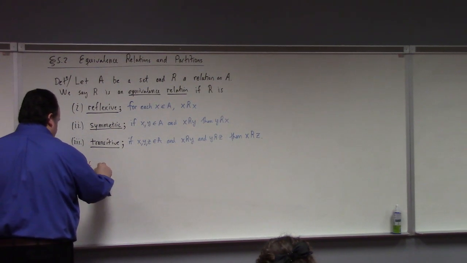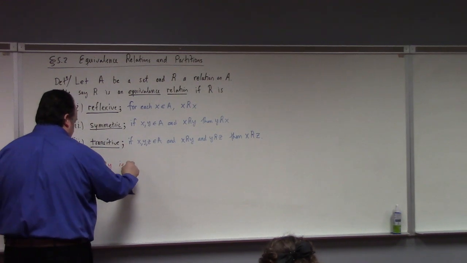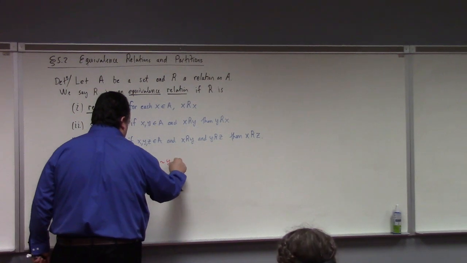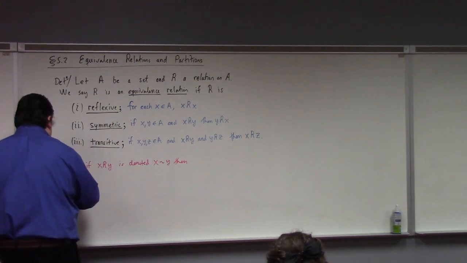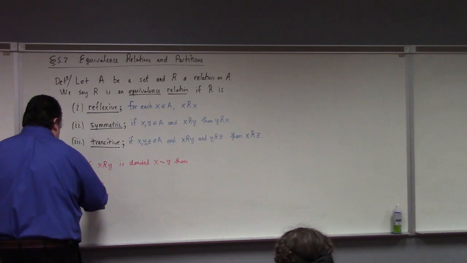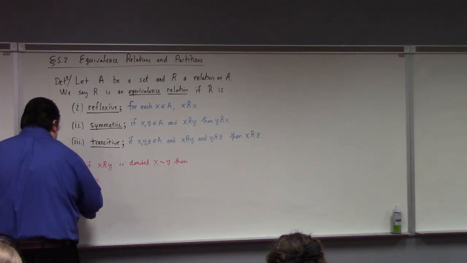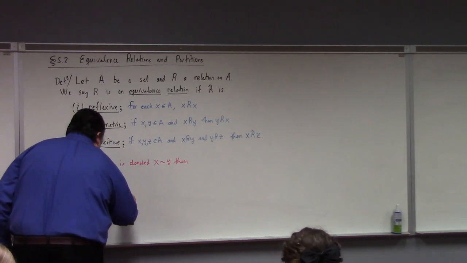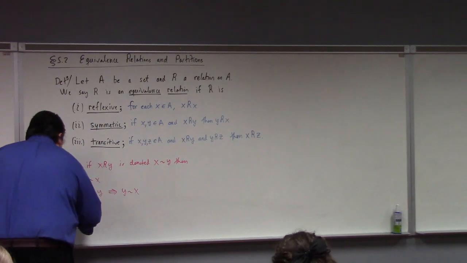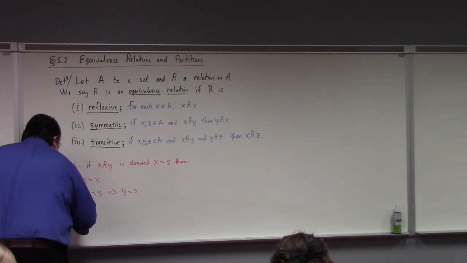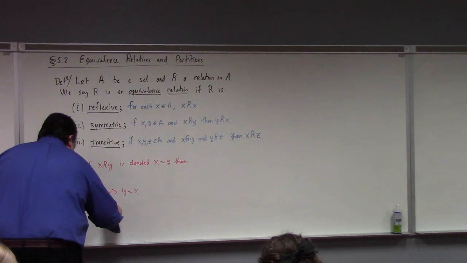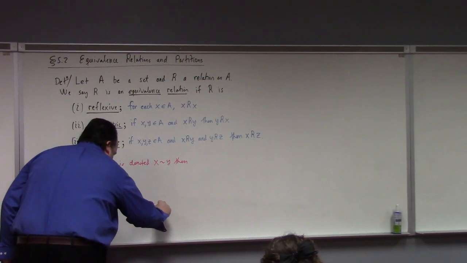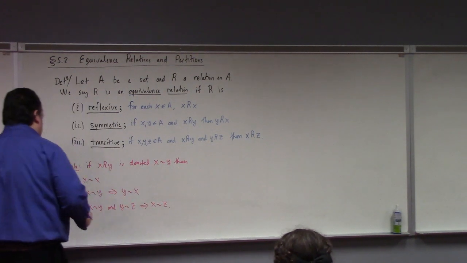If x R y is denoted x squiggle y, then 1 becomes x is related to x. 2 becomes x related to y implies y related to x. 3 becomes x related to y and y related to z implies x is related to z.